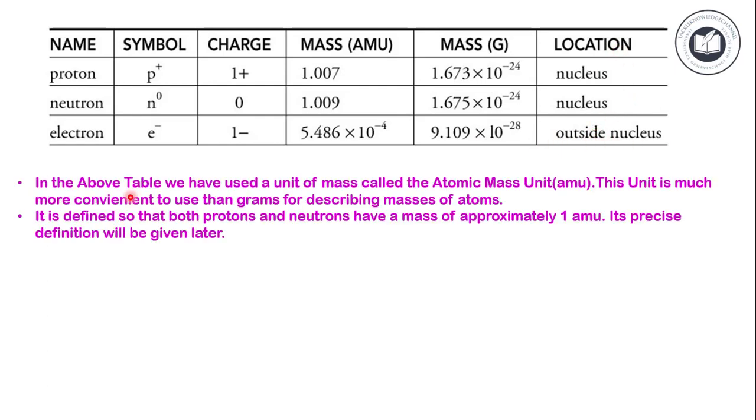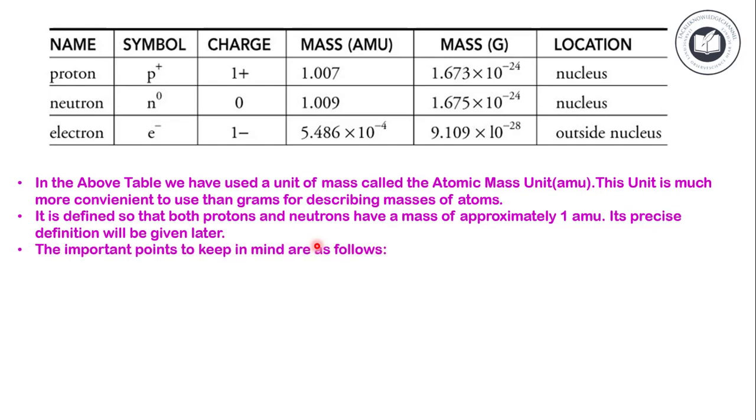In the above table, we have used a unit of mass called the atomic mass unit, AMU. This unit is much more convenient to use than grams for describing masses of atoms. It is defined so that both protons and neutrons have a mass of approximately 1 AMU. Its precise definition will be given later.